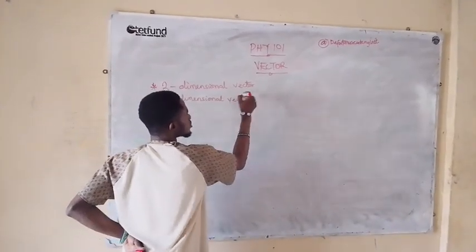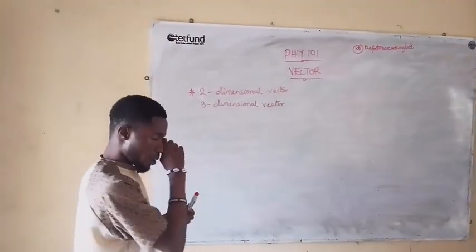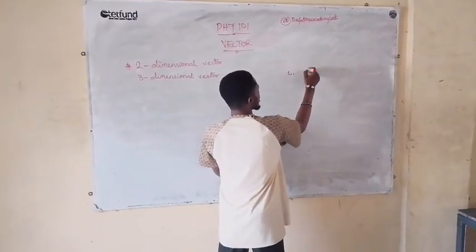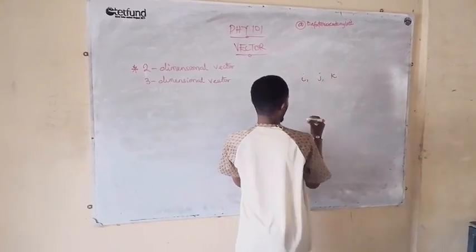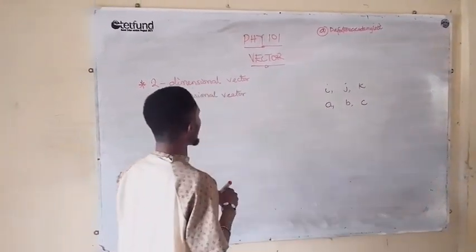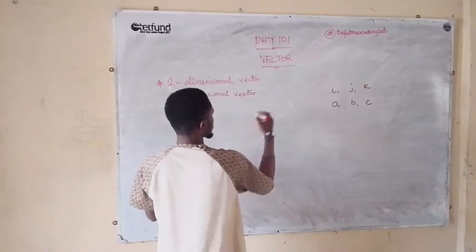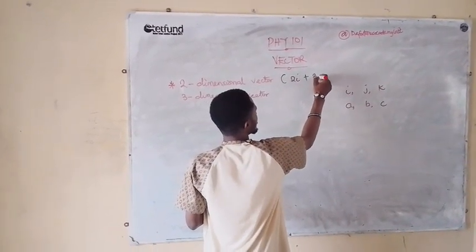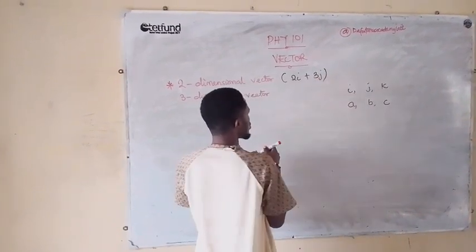When we're talking about vectors, your vector will be given in this form. You have I, J, and K. It can also be given in A, B, and C. For example, 2I plus 3J is a 2-dimensional vector.